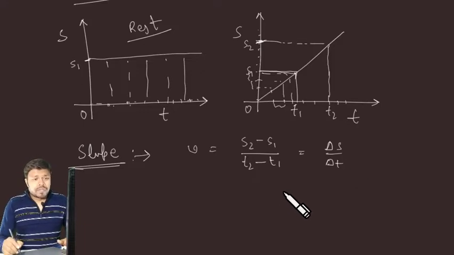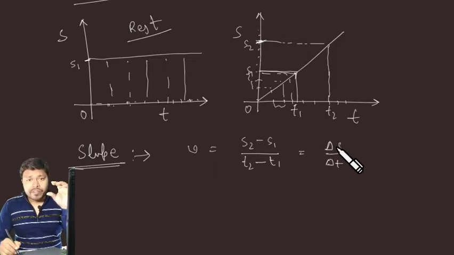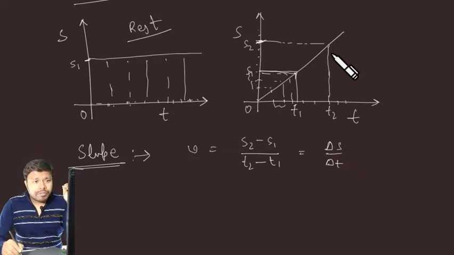Now see here, this is velocity, of course. Del S by del T. What does it mean? Del S means the difference in the displacement, or difference in the position, and del T is the difference in the time interval. Now if these are the 2 points, T1 and T2, see, this forms a triangle, right?